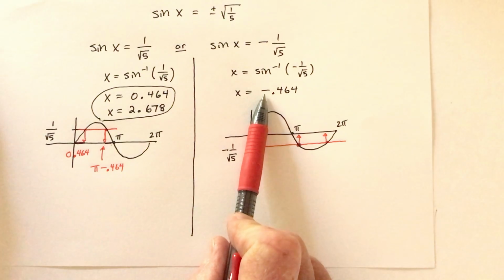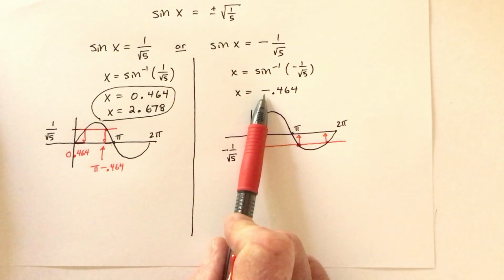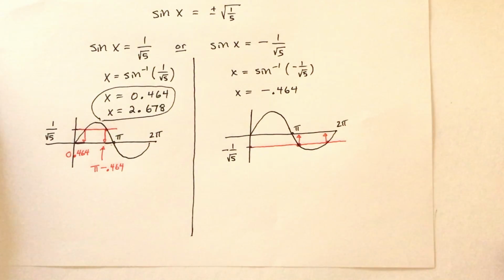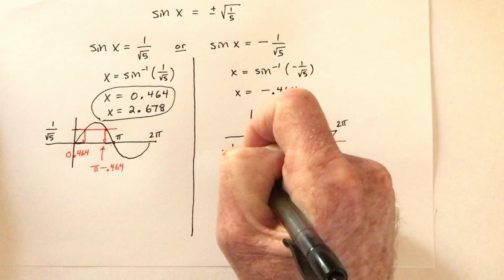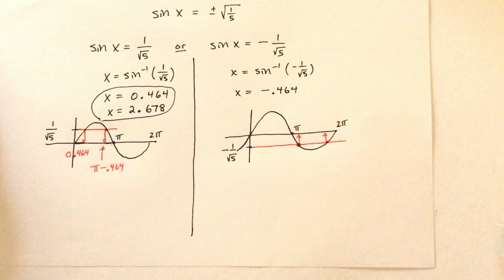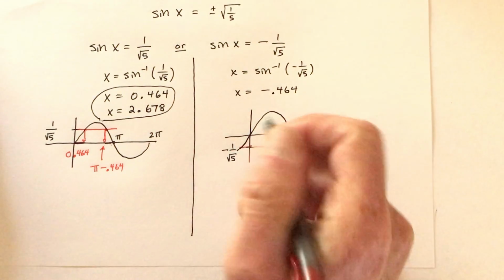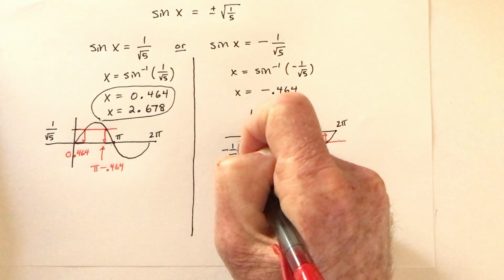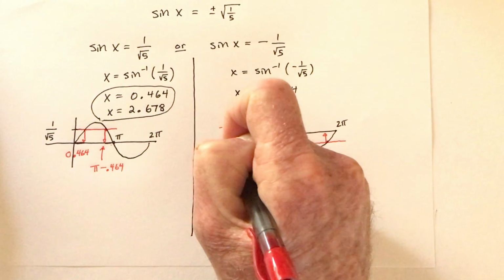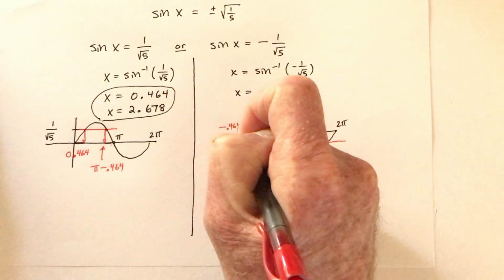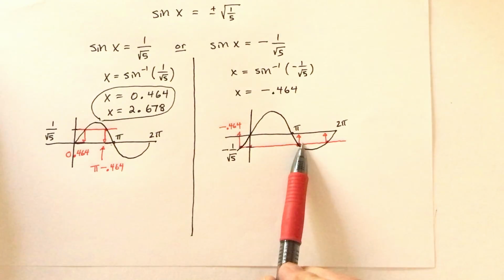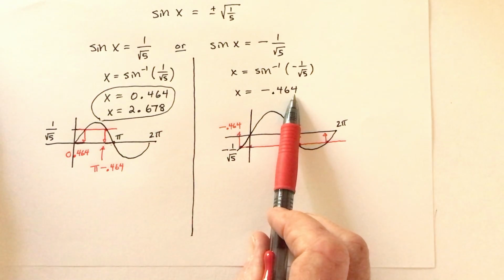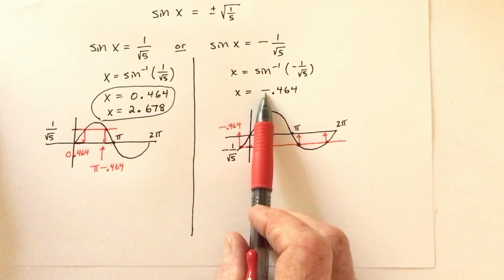Well, like I said, the calculator likes to give you the answer closest to the origin. So what the calculator did is it said, well, if I go this way and I extend your red line out this way, then I find the answer negative 0.464. So that is a solution, but I was asking for these two positive solutions over here. So we could use the 0.464, we just don't use the negative.